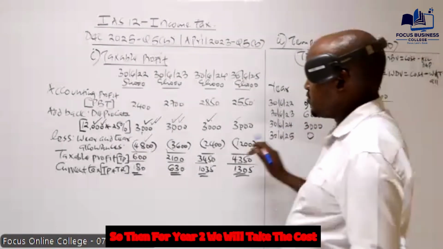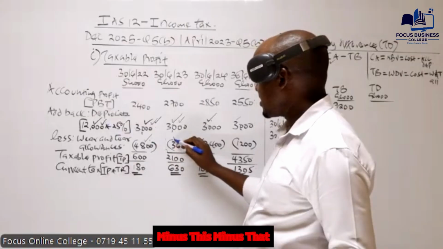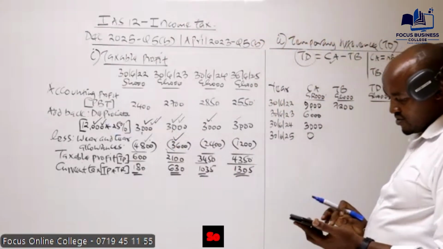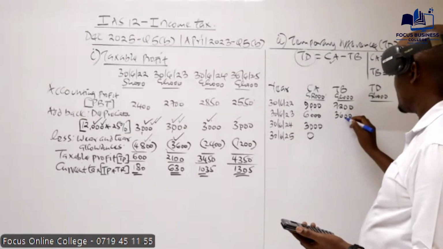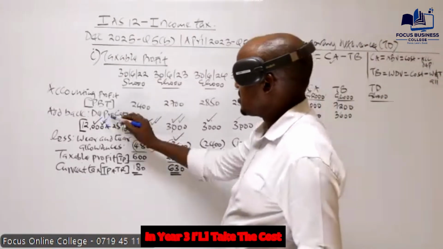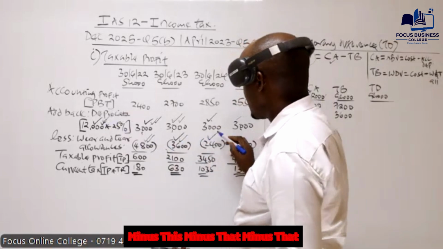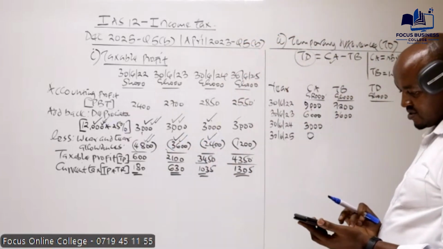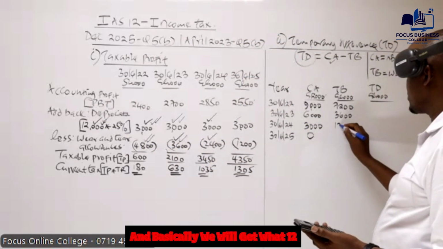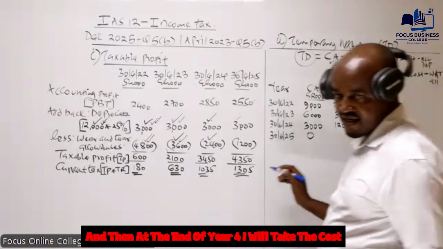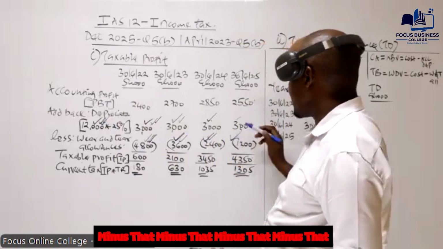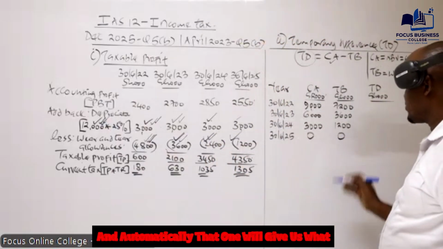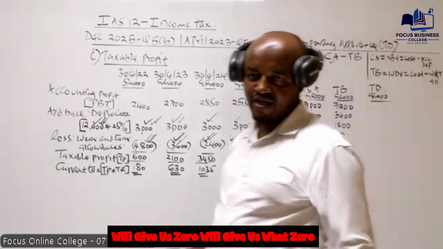For year two, we take the cost minus this, minus that. In this case, I'll get 36. In year three, I'll take the cost minus this, minus that, minus that, and we will get 12. Then at the end of year four, I will take the cost minus all those, and automatically that will give us 0.